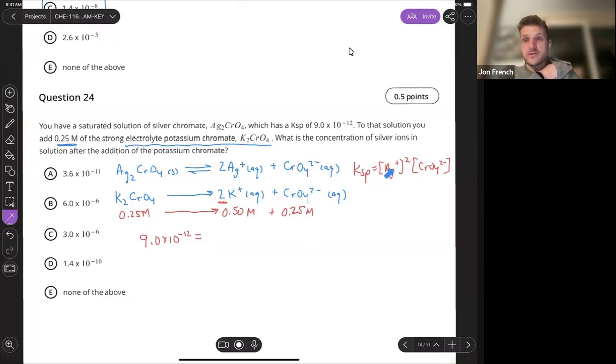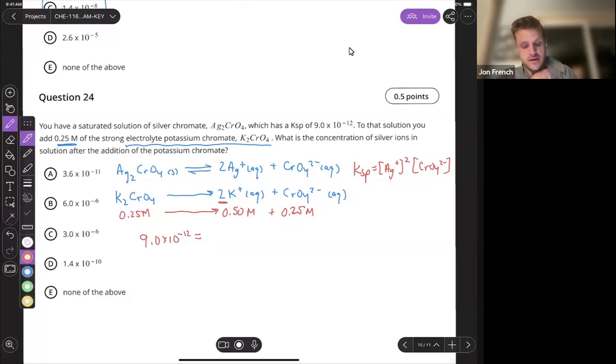I don't know the silver's concentration. But because it is the only unknown in this case, we're not solving for anything else, we're just solving for silver, I can say silver is X. That's the only unknown we have. It still has to be squared because it's in the KSP expression we just wrote, times my concentration of the chromate, 0.25.